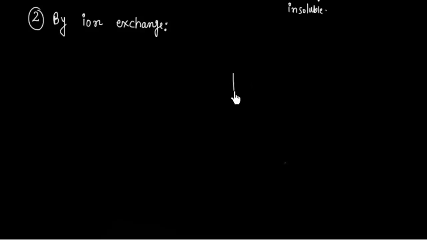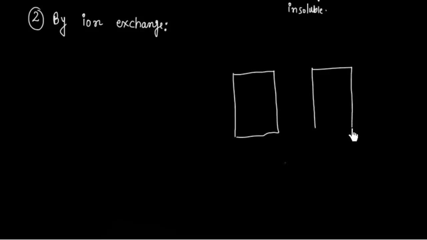Let us say this is one chamber, and there is another chamber. One is called the cationic chamber or cation exchanger, and the second is called the anion exchanger.